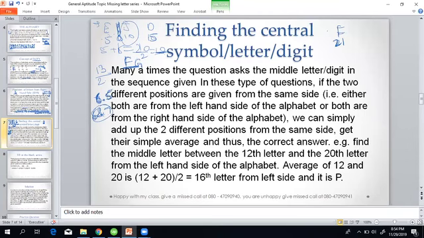Because we got 6.5, both the 6th and 7th positions are the middle of E and H. In this way you can find the answer. Do you understand this? We can apply this for any letters.